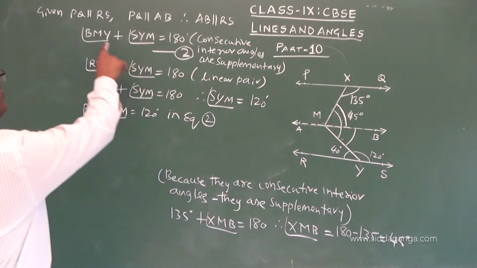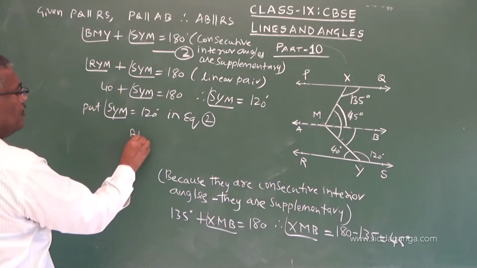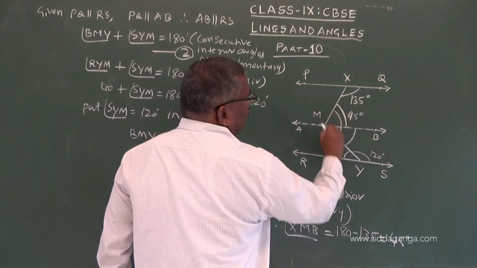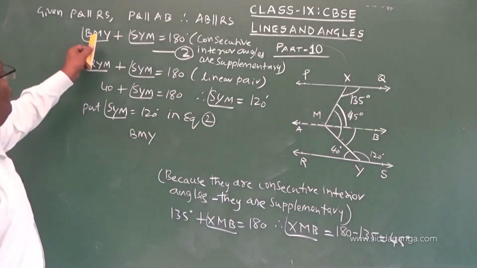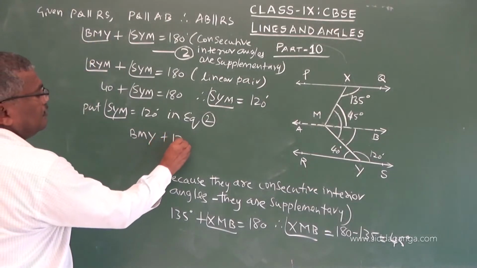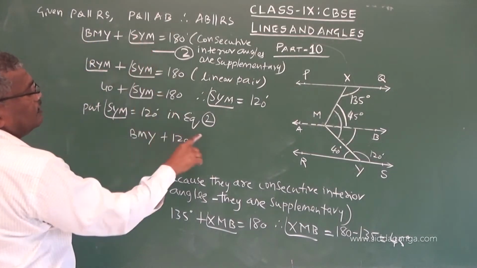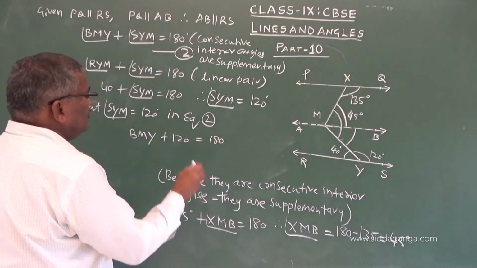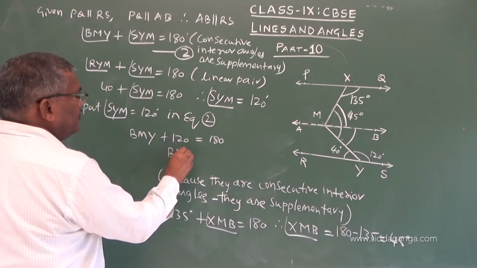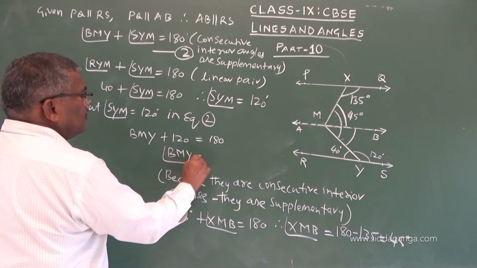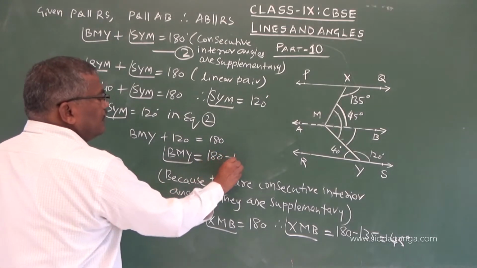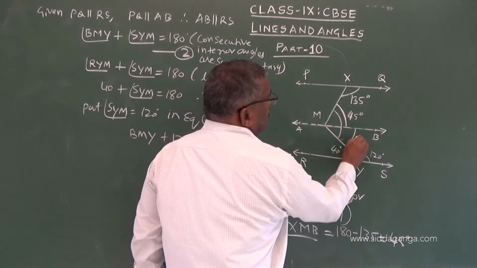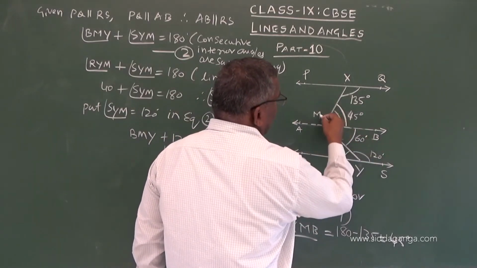So there we will get BMY plus 120 equals 180, or BMY is equal to 180 minus 120 equals 60 degrees. So therefore BMY is 60 degrees.